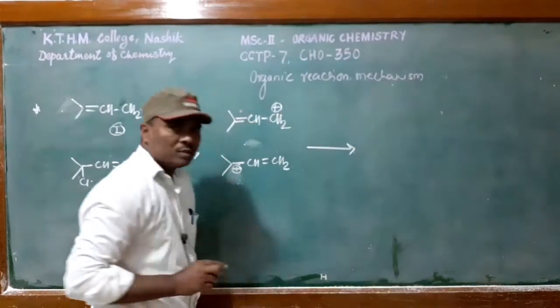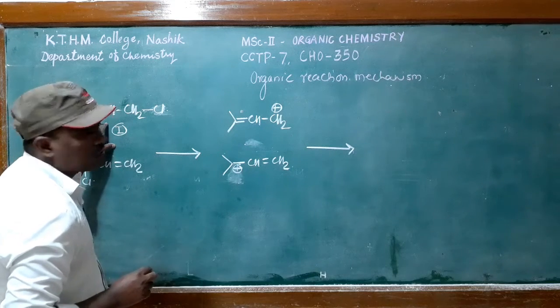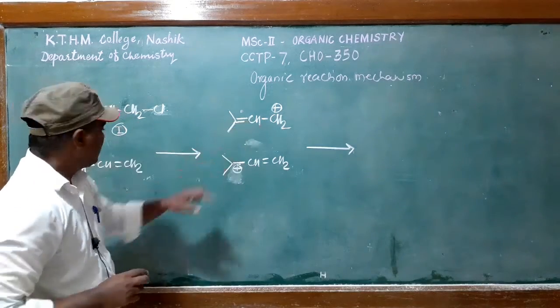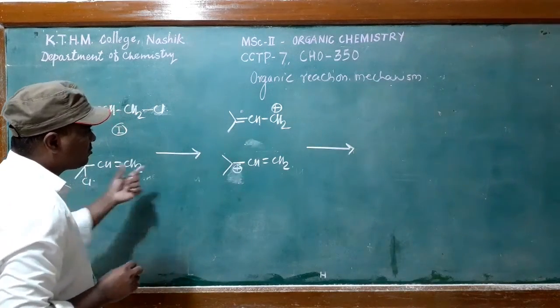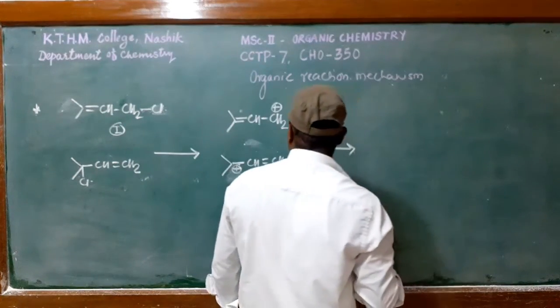So if you observe, the first compound gives this primary carbocation and this second compound gives this tertiary carbocation. Subsequently, what happens after getting these carbocations?